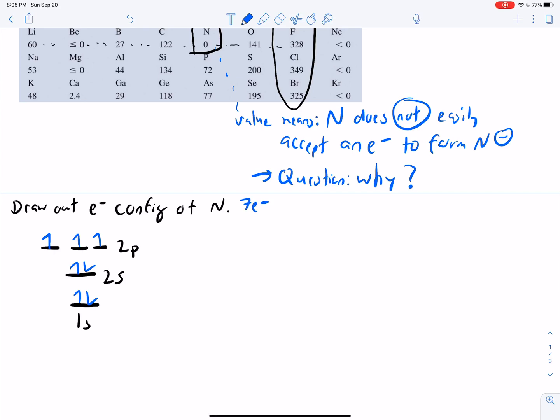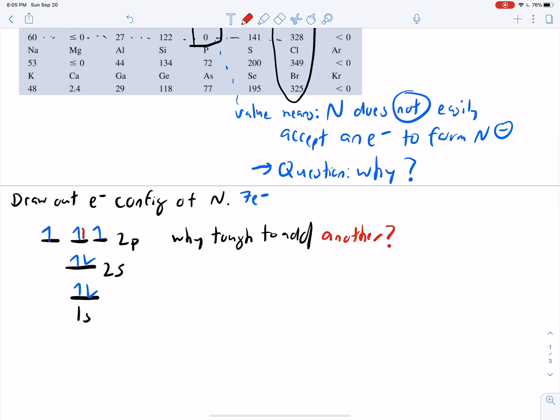So the question is, why is it not favorable to add another? I'm going to write another in red. The way I like to do this is to ask, if I were to add another electron, where would it go? The answer in this case is that there are 3 equivalent answers. It doesn't matter which 2p orbital we put it in.